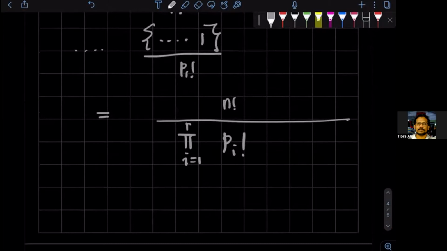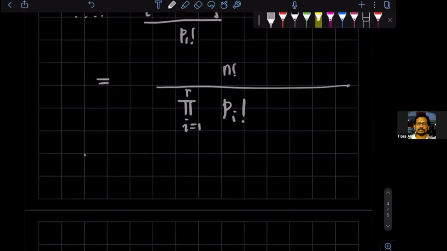Once we know the number of elements, the size of the subset, we now want to make sure that we count the number of elements in that subset. To do that, we know that if I take a P_i cycle, then each cycle is equivalent.